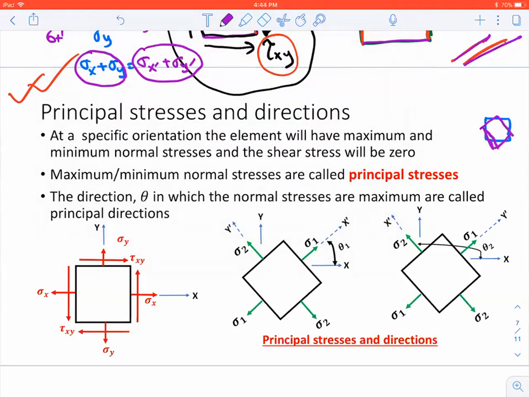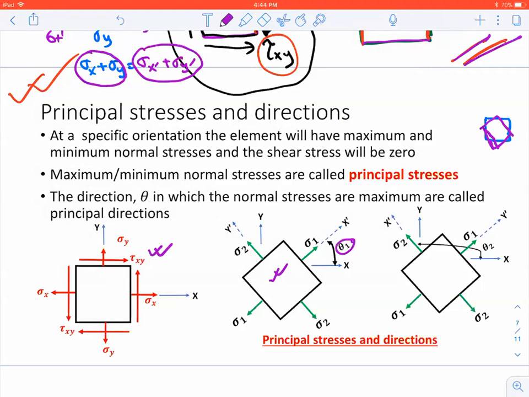Your stresses are changing. So this is without changing any angle, you're just looking at one small element from your structure. Now, say you rotated it by an angle theta 1, and this is what you see, and the stresses are different.